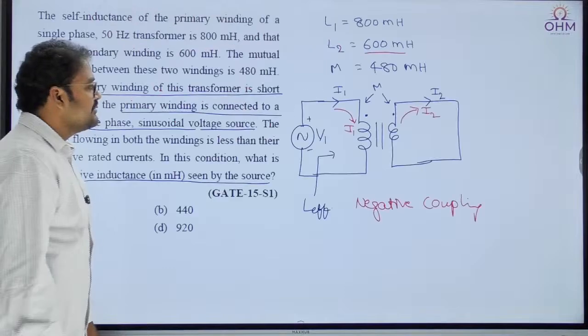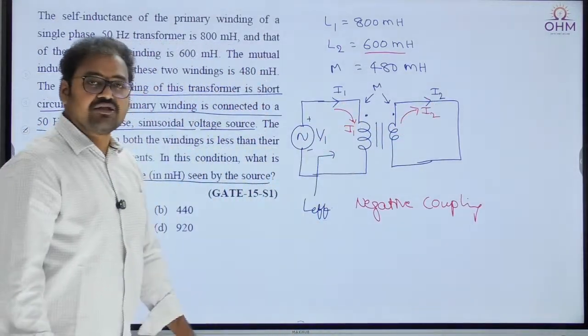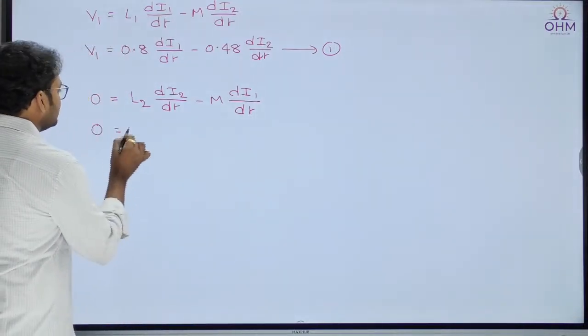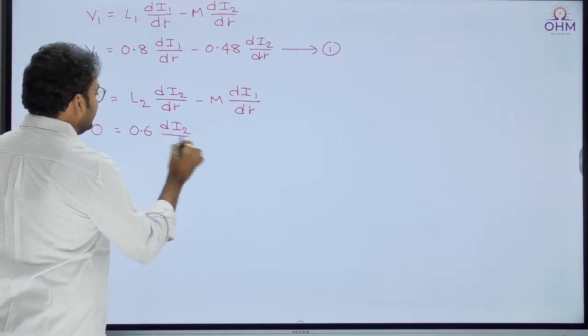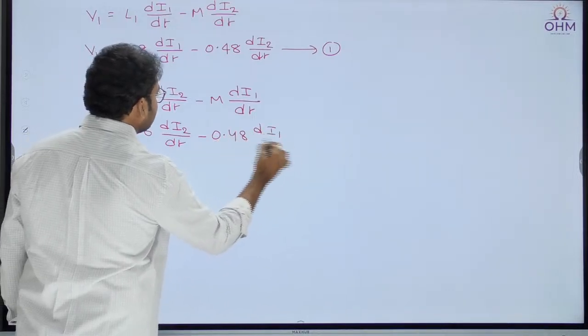Why minus M again? The secondary current was leaving the dot, the primary current was entering the dot. It's coupled circuits knowledge. So 0 is equal to, what is L2? 600 millihenry, 0.6 dI2 by dt minus M 0.48 dI1 by dt.